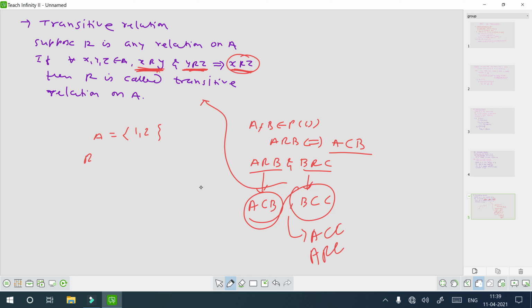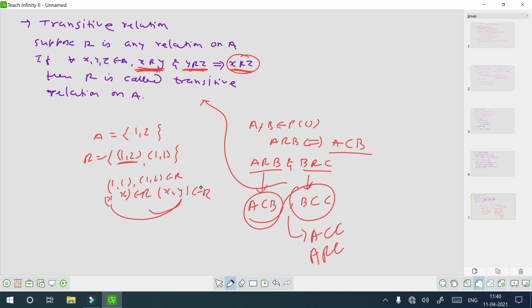But if I consider R = {(1,2), (1,1)}. Now (1,1) in R and (1,2) in R implies (1,2) in R?